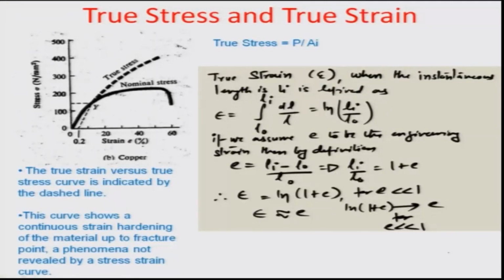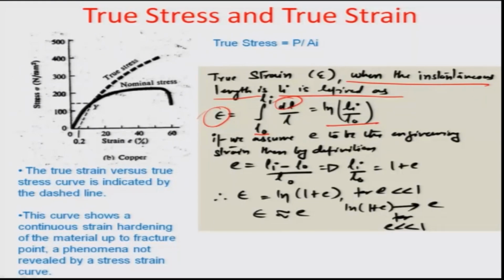Similarly, you can have true strain when the instantaneous length is L_i from an original length L_o. You can define the strain as the change in length dl per unit L, and integrating that comes out to be ln(L_i/L_o).